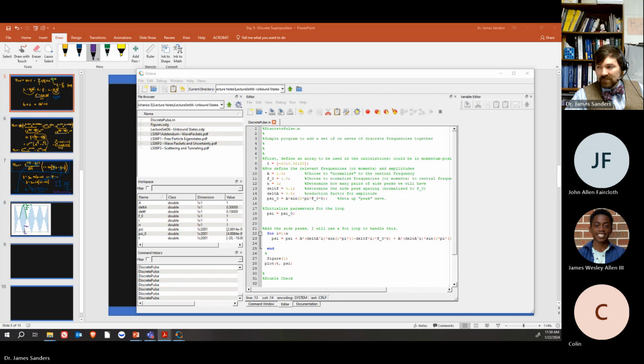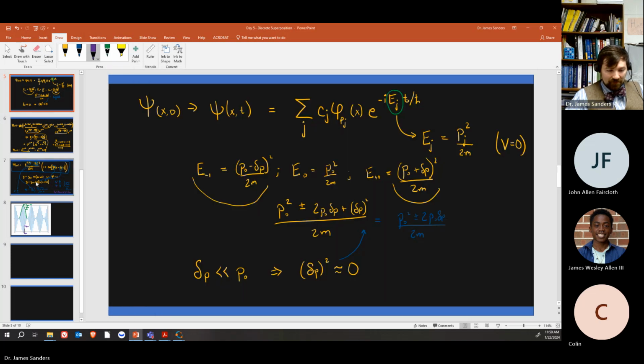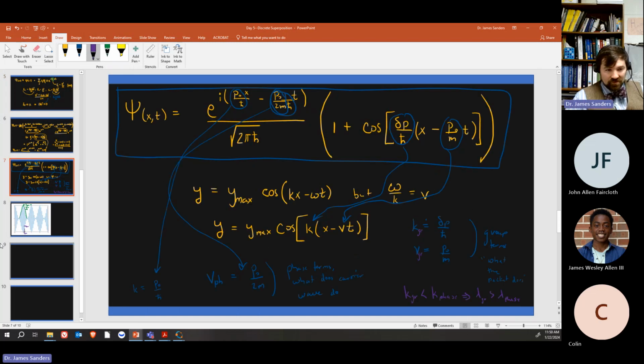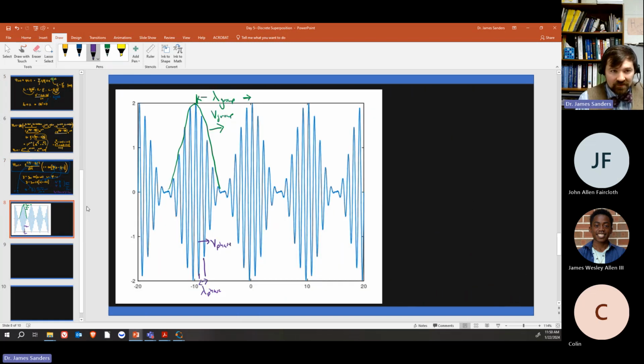Note that the group velocity over here, getting a little cluttered, I'll rewrite it over here. Note that my group velocity V group was P naught over M. Note that my phase velocity was P naught over 2M.